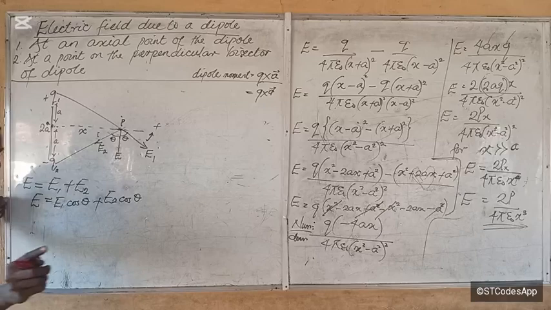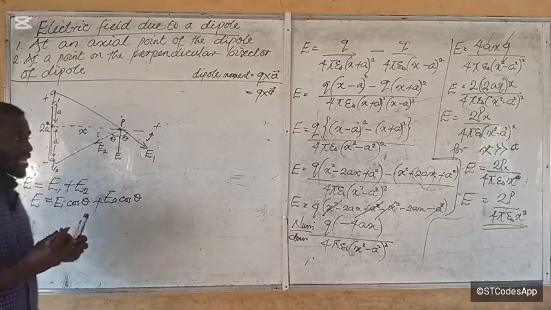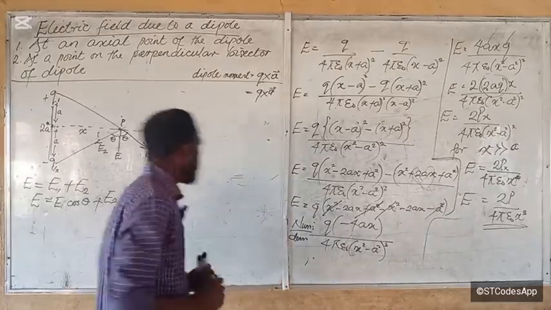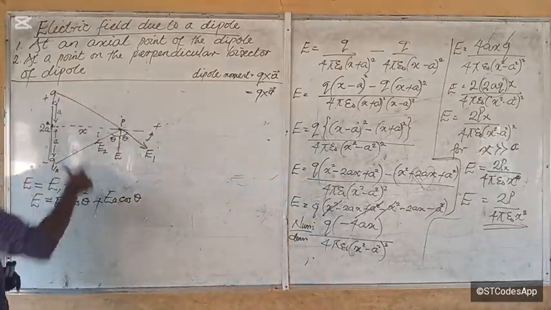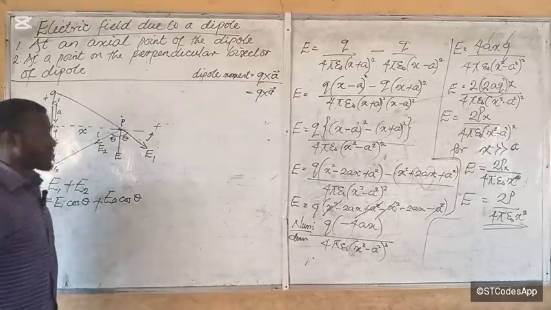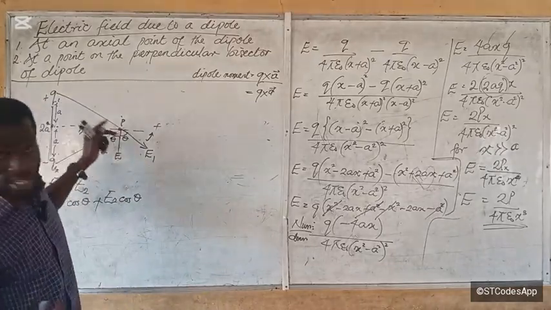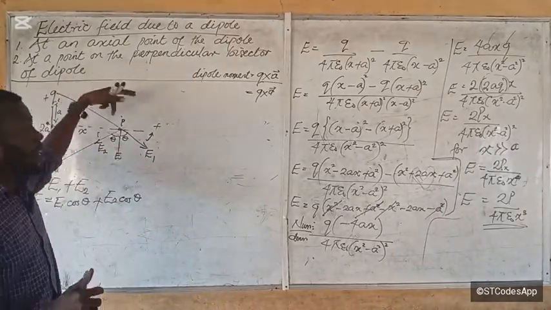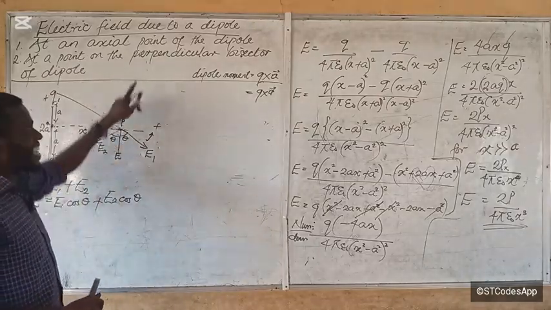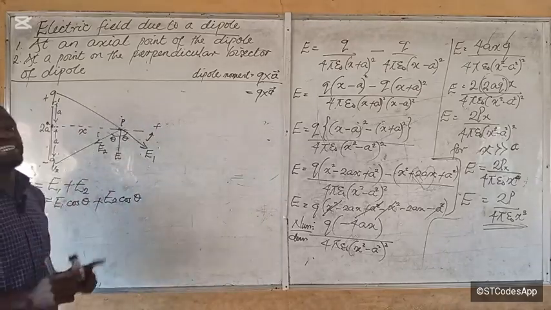Okay. Now, since E1 and E2 are going to be exactly the same, because if you look at it here, this point is at a perpendicular bisector. What does that mean? It means that it's going to give you at least an isosceles triangle. There might be a point where it will give you an equilateral triangle, probably. But at every point that is on the perpendicular bisector, whether here or here, you're always going to get an isosceles triangle.